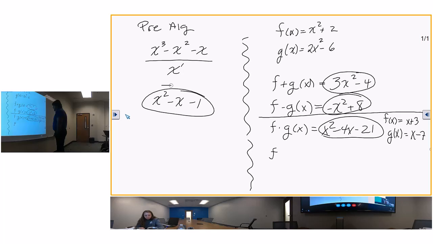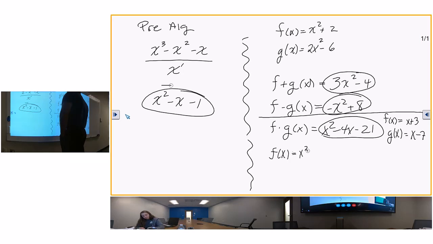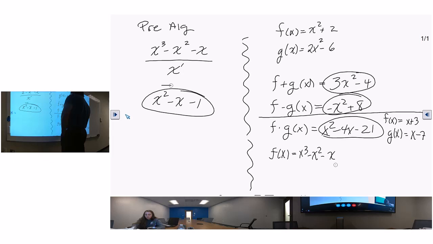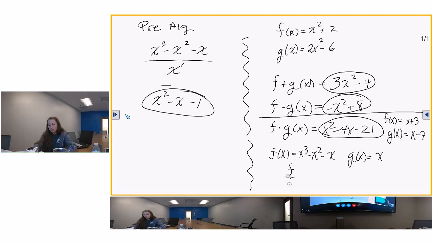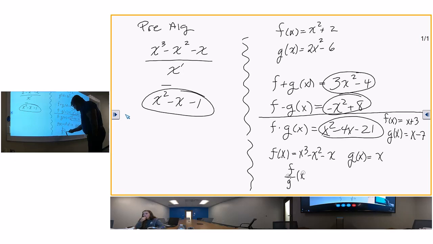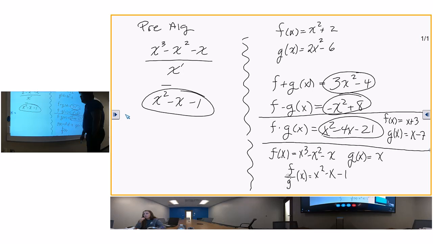All right, and here, f of x is equal to x cubed minus x squared minus x, and g of x is equal to x. So f divided by g of x is equal to whatever we got, x squared minus x minus 1. Again, you did it back in algebra. The only difference is you just write it different.